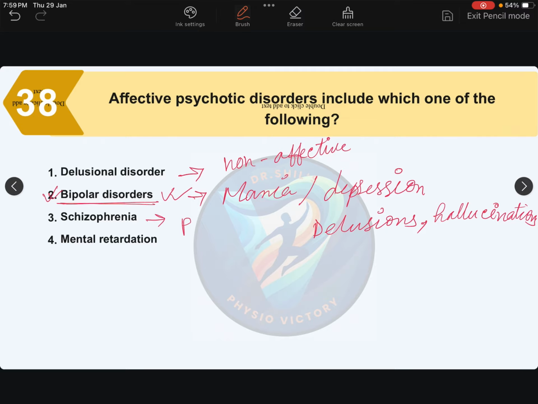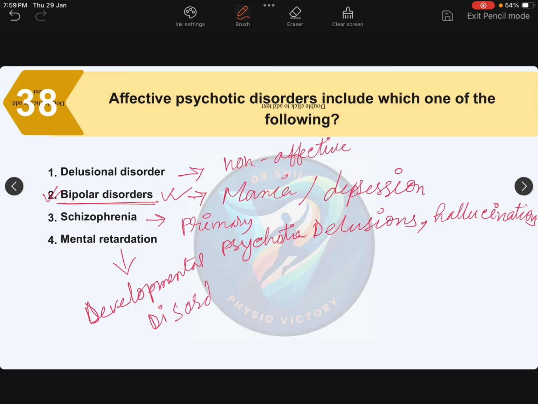Schizophrenia is a primary psychotic disorder, and mental retardation is a developmental disorder.